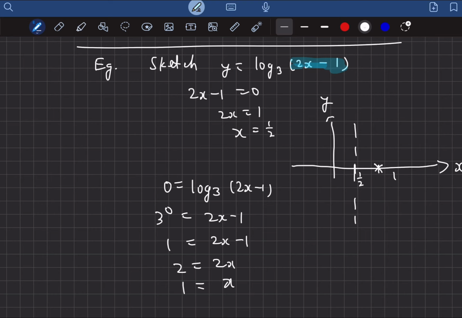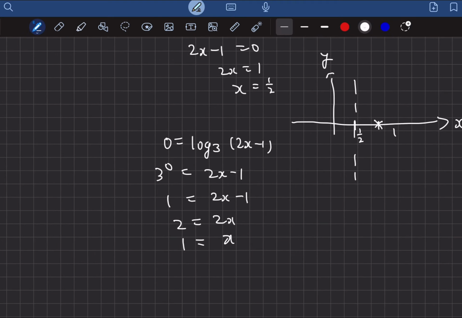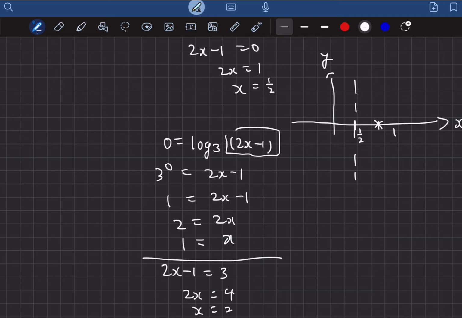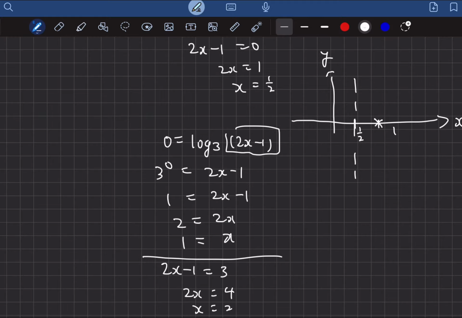Then other than that, to be more accurate, we do know that log base 3 of 3 equals 1. So which means that 2x minus 1 equals 3. So 2x equals 4, x equals 2. So when my x equals 2, y will be 1.